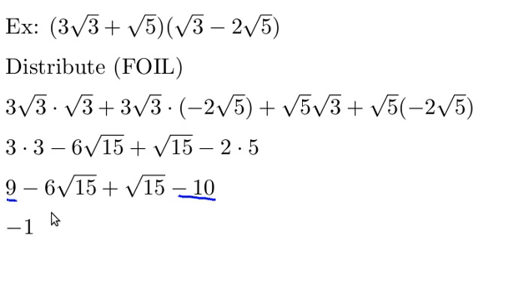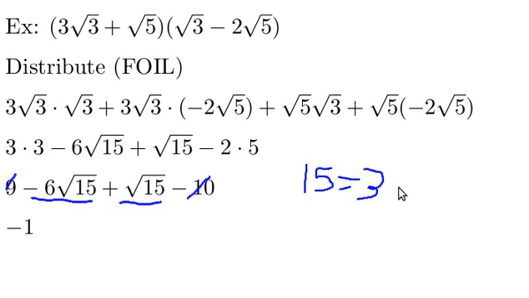I'm going to cross these out just because I'm done with them. So we have minus 6 root 15 plus root 15. Okay, so we have like terms. They're both root 15. And let's see if I can draw this without it looking too messy. 15 equals 3 times 5.